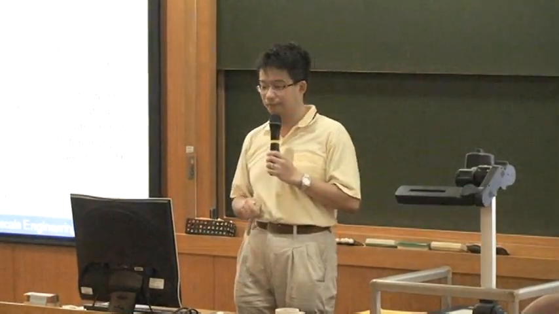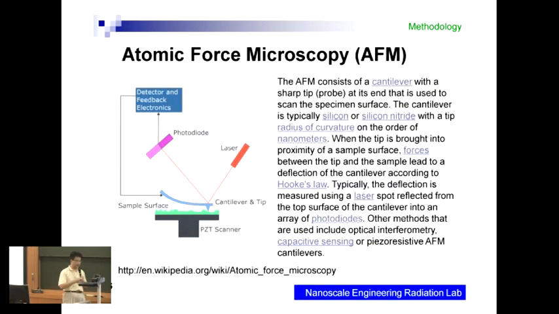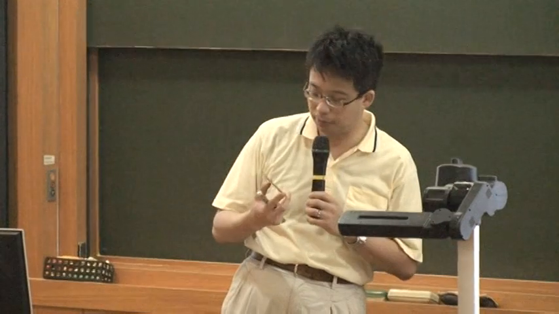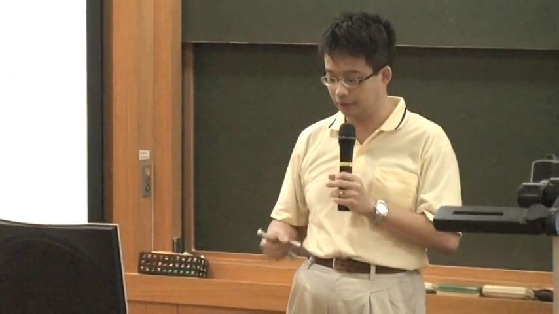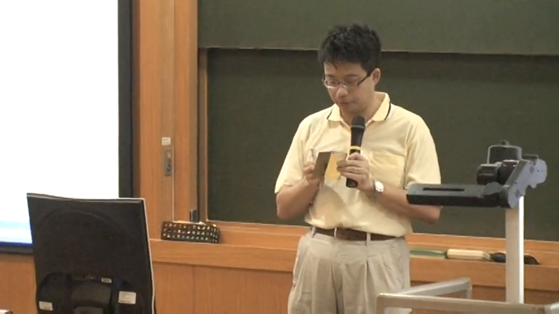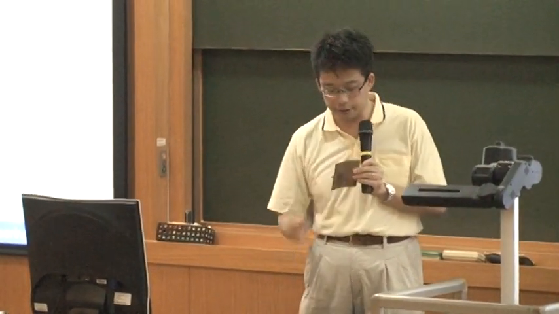So what do we do? We use a tip with a sharp end, but this tip is at the end of the cantilever. The cantilever is like what? Another toy. This is my name card box, but I use it as a toy to demonstrate the principle of this cantilever.